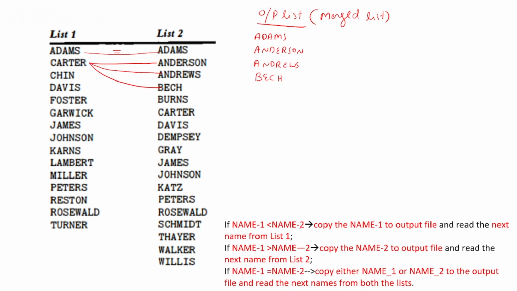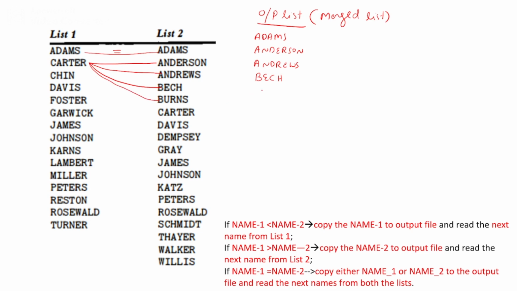Because whichever is smaller: if name 1 is bigger than name 2, copy the smaller name to the output file and read the next name from list 2. If name 1 is smaller, copy the smaller name 1 to the output file and read the next name from list 1. Okay, so now I need to read the next name from list 2.